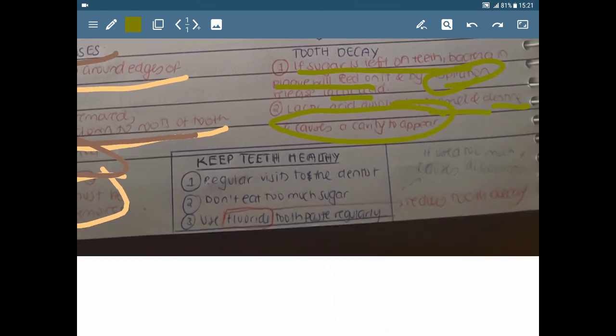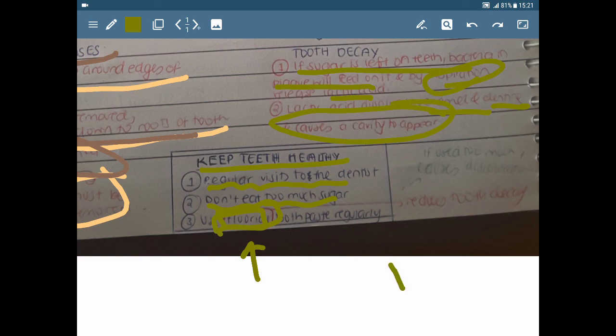Now, to keep the teeth healthy, this is something that they ask a lot. You either make regular visits to the dentist, don't eat too much sugar, or you use fluoride toothpaste. This is something they're really looking for.